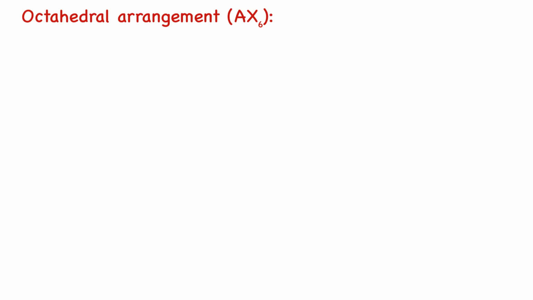The next type of molecule is AX6. That is, the central atom has 6 terminal atoms with 0 lone pairs on it. So, the total number of valence shell electron pairs on the central atom is 6, and all of them are bonding pairs. An example of such a molecule is SF6.